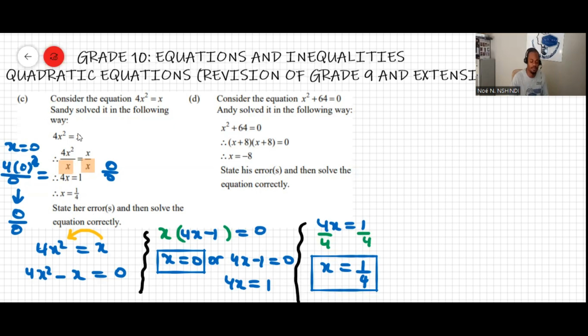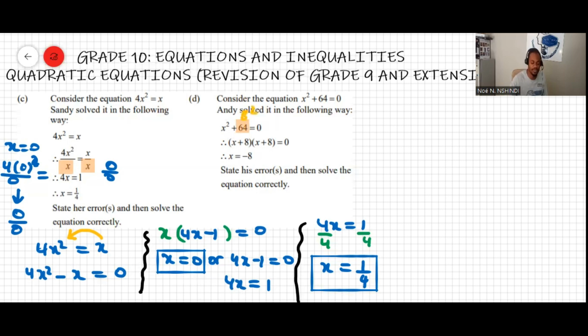That's question C. In question D, it says consider this equation: x squared plus 64 equals 0. And then Sandy did x plus 8 equals 0, and then x is equal to negative 8. The error is, I believe, she thought there is a rule for the sum of two squares. You know, 64 is a square number. It is the square of 8.